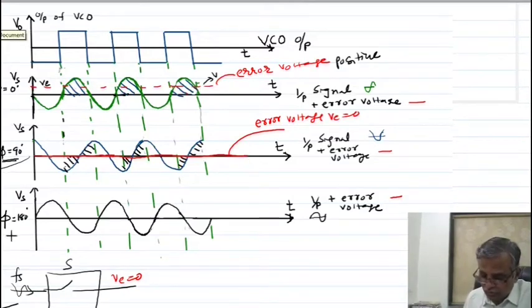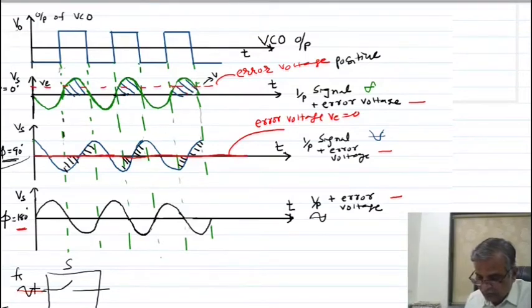Now I am showing you a 180-degree phase shift. If there is a 180-degree phase shift between the output of VCO Fo and the input signal, then during this much time this much portion will be passed.